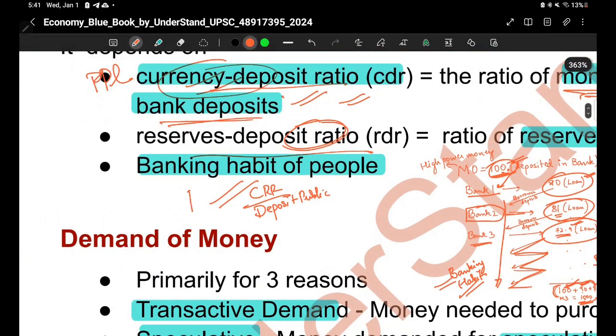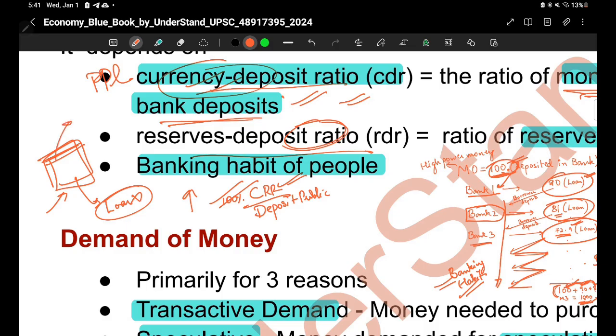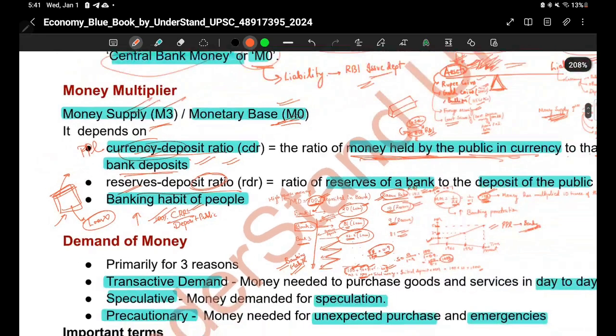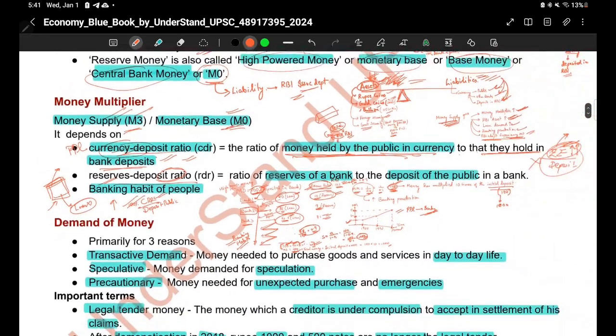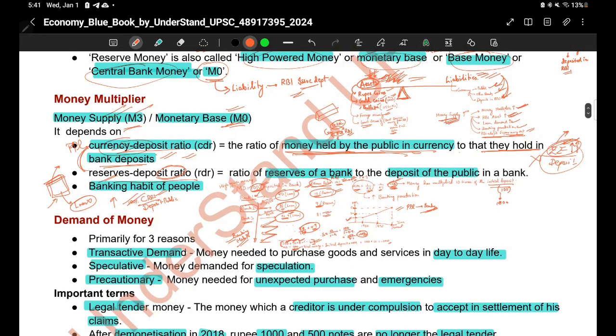Now if RDR is more, let's say there's 100 deposit and CRR is 100%, then the bank has no money left to loan, zero money for loaning, so it creates no value in the economy. Everything is being kept in the reserve. So too much of this is also a bad thing. It has to be kept at optimum levels. All this is decided by RBI.